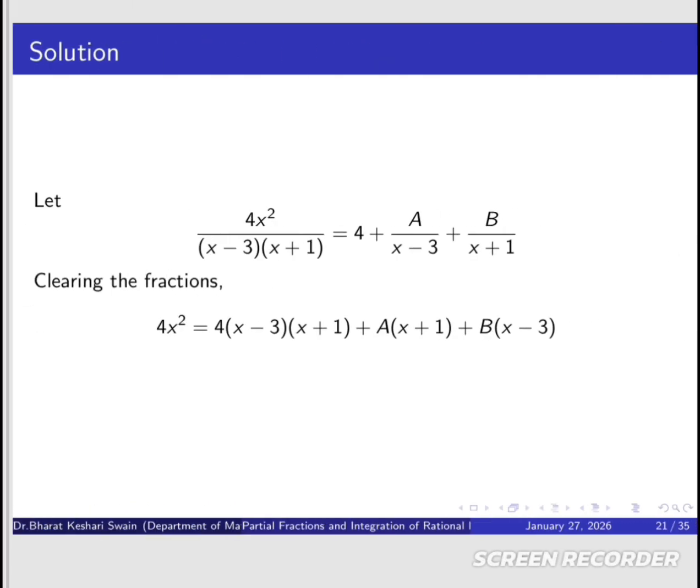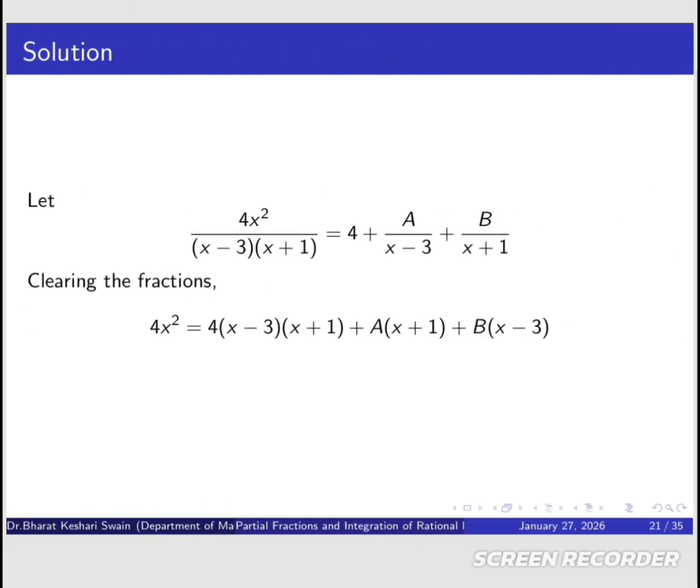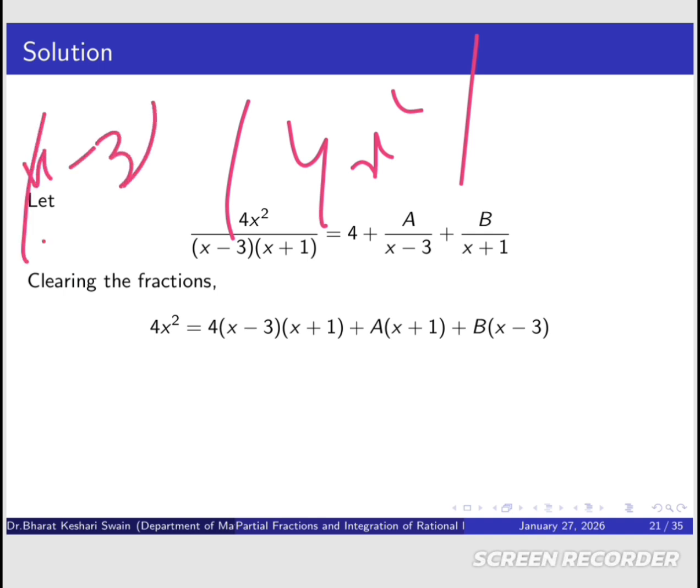Since it is not proper, we can write like this: 4 plus, just divide, your 4x square. Just divide. What will we get? 4x square divided by x minus 3 into x plus 1. Divide here.